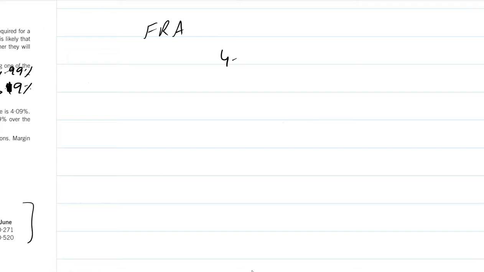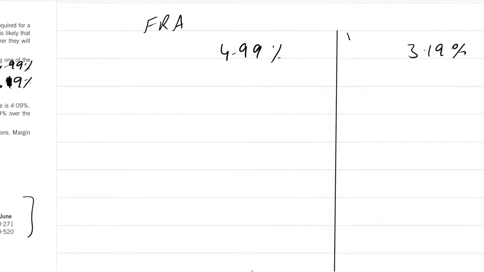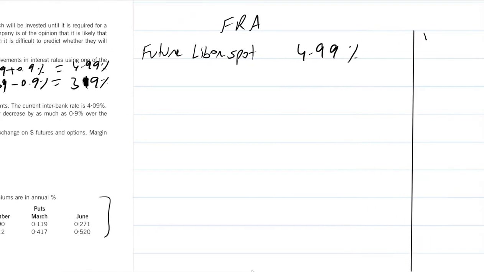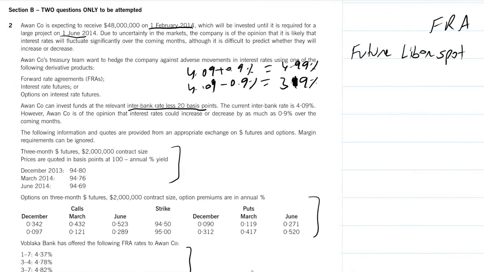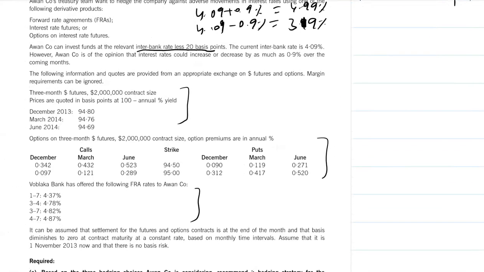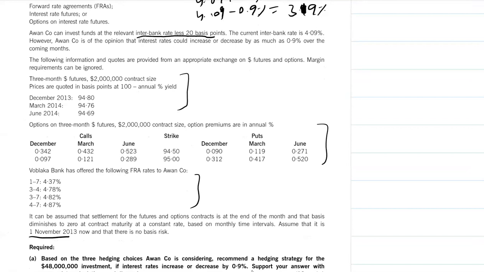Always write the future interest rates above and make two scenarios. This is future interest rates, future LIBOR spot. Today is 1st November. So we are going to invest on 1st February, but today's date is 1st November.